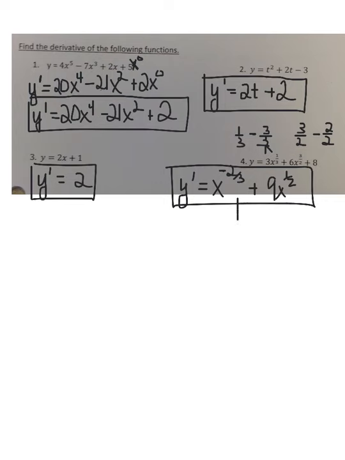Now, we are going to eventually simplify these a little bit more. In other words, I know an exponent that's negative means it's in the denominator. And if you remember from Algebra 2, this is the power and this is the root. So it's really the cube root of x squared.